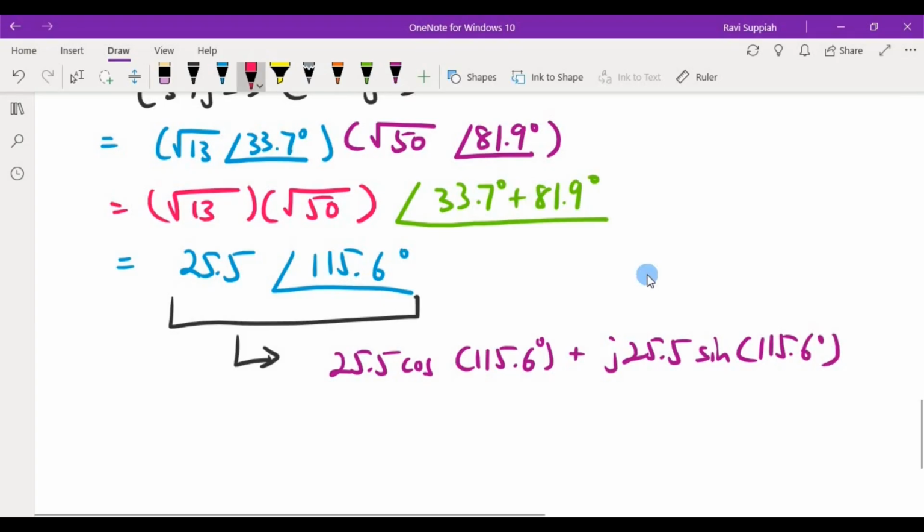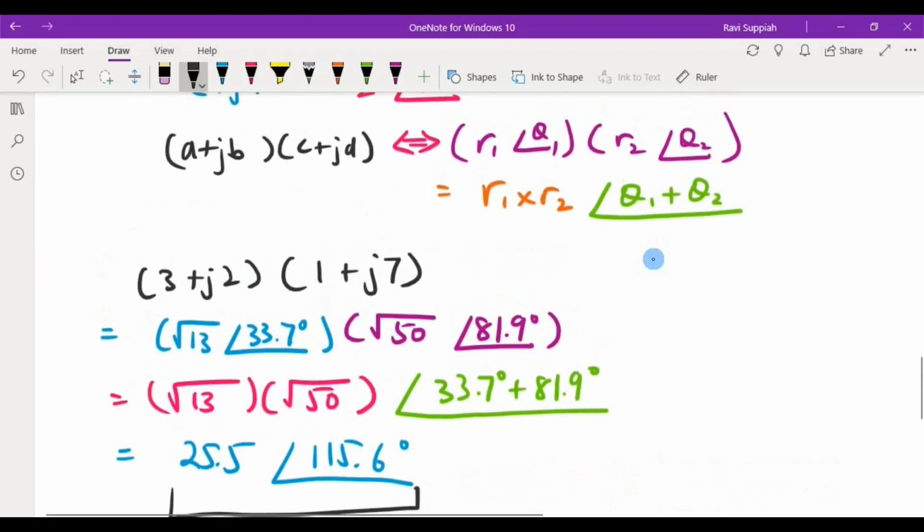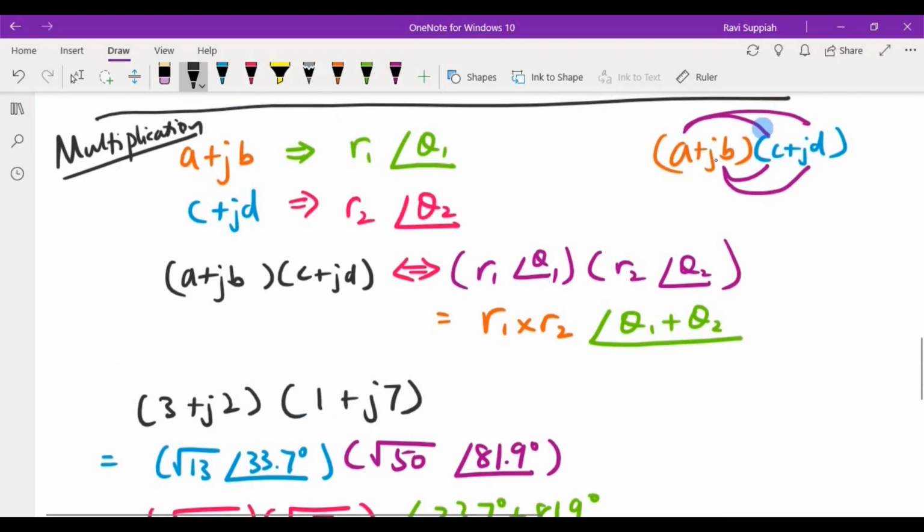Okay, so all of this is basic calculations you can perform with your calculator, and the answer you would get would be minus 11 plus j23. So you can confirm this answer by performing the expansion method that I showed you in the previous lesson.